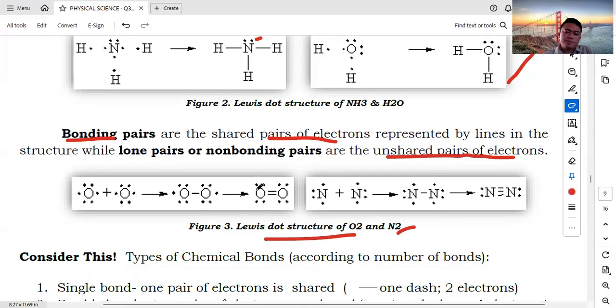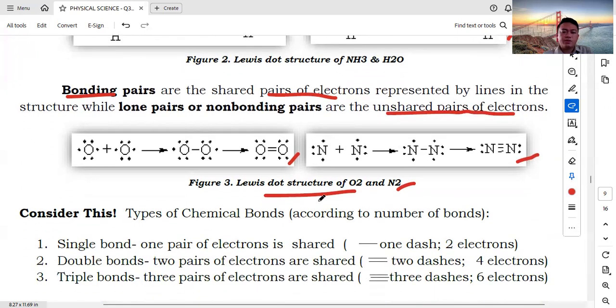From 6 dots or 6 valence electrons plus another 6 valence electrons resulted in this product. So there are 2 bonds available for oxygen, while for nitrogen it is triple bonding.